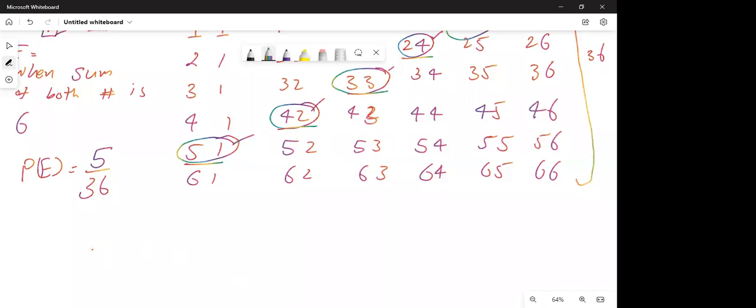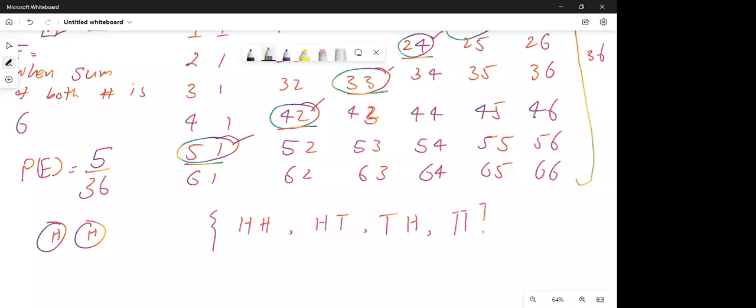What are the possible outcomes? Let's say you have 2 coins and we flip them. The possible outcomes are that the first one gives us a head and the second one gives us a head; then the first a head and then a tail; then the first a tail and the second a head; and both tails.